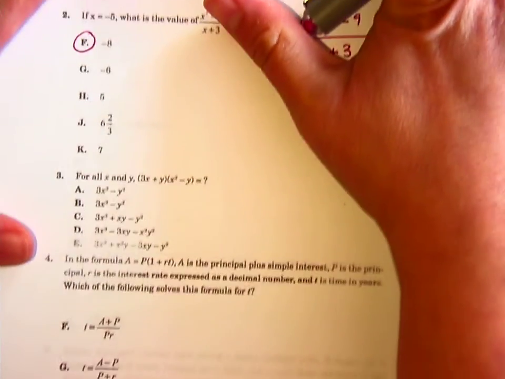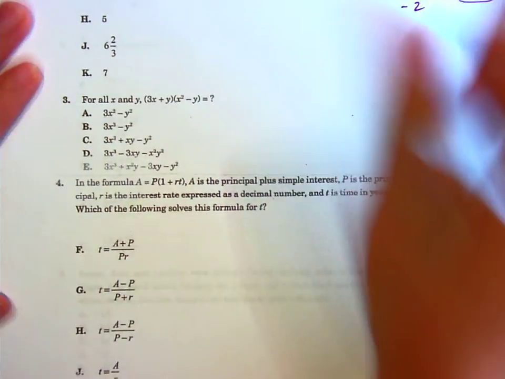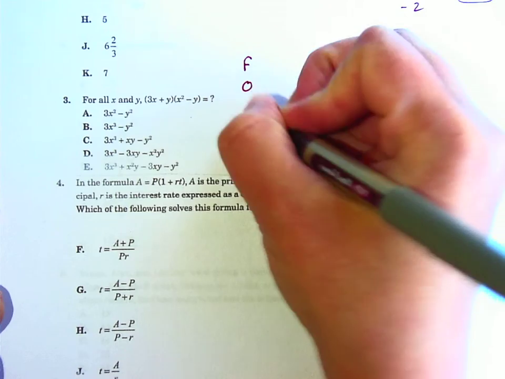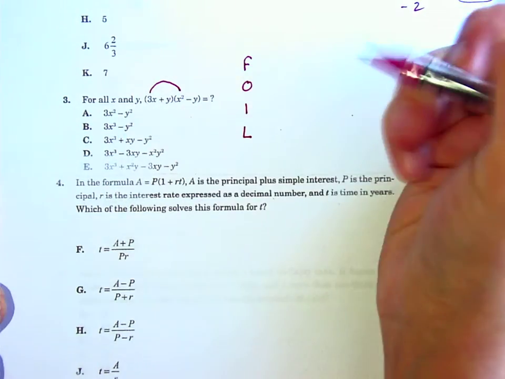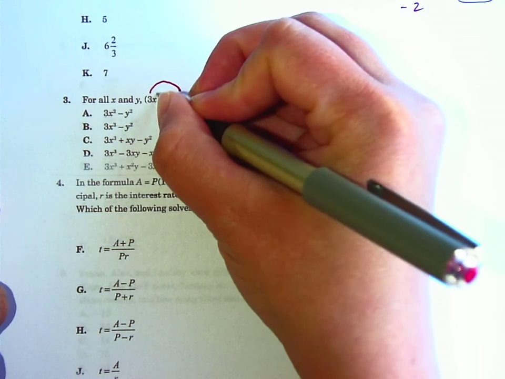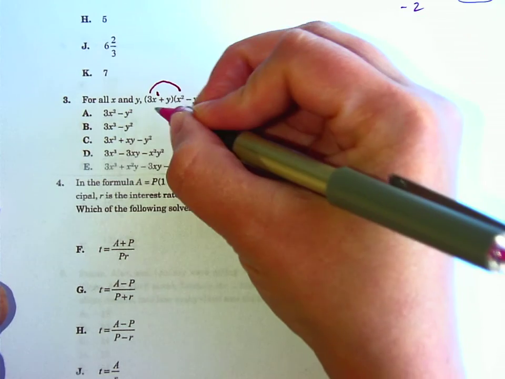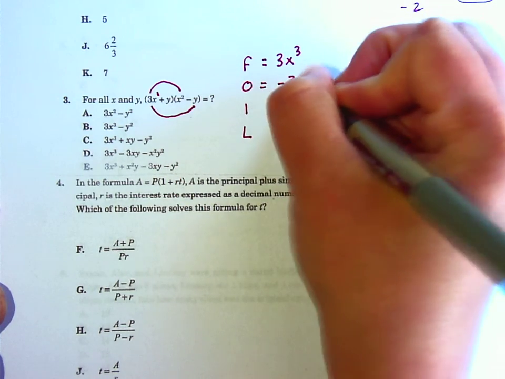Next up, for all x and y, what is it when you multiply this stuff together? All right, now there are 2 ways to multiply these things together. You can do FOIL, which you take the first times the first, which is what? 3x cubed, because this is like x to the first and x to the second makes x cubed. The outer, which is this one times this one, which makes -3xy.